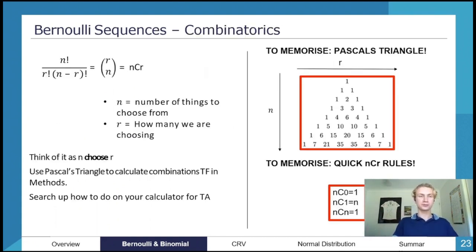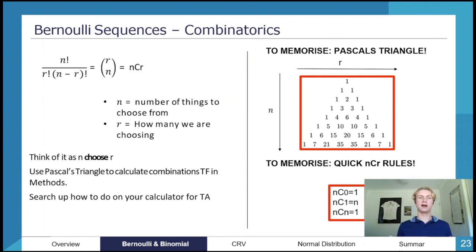Okay, so Bernoulli sequences, combinatorics, you should have learnt this in year 10, but different schools are different. We use this formula, and this isn't given on the data booklet, which is quite frustrating. I know for my calculator, if you just type in nCr, bracket, the n, comma, r, it'll tell you.